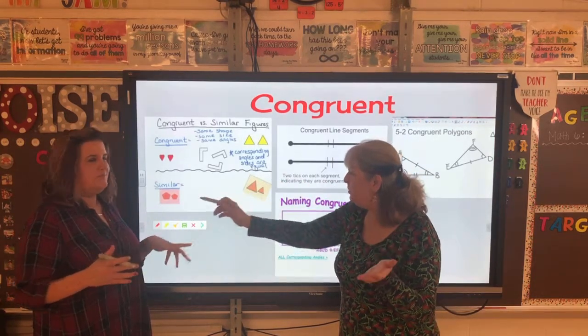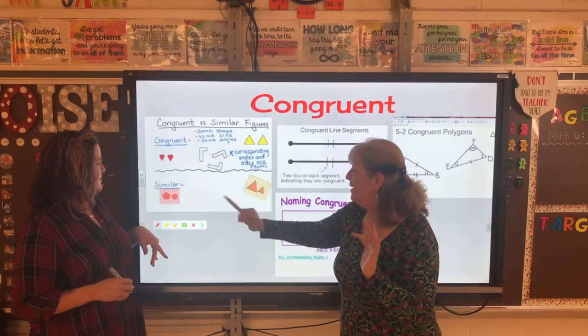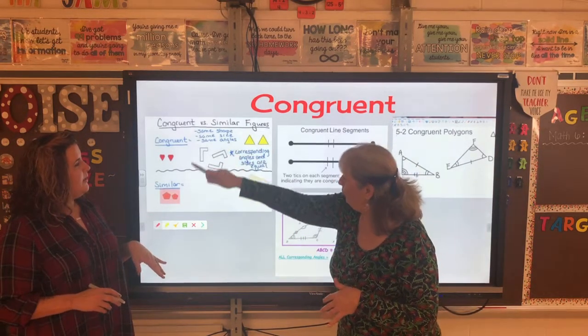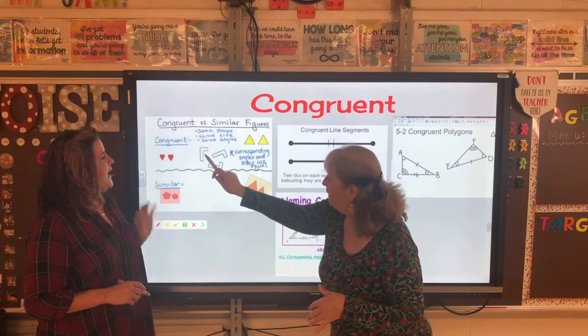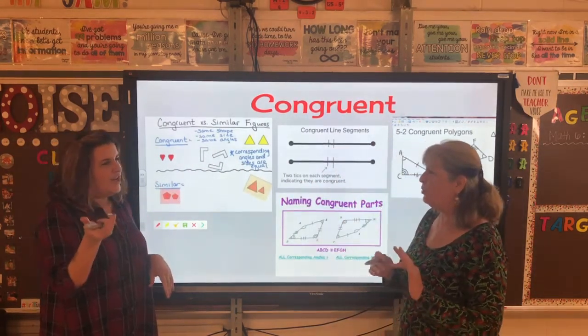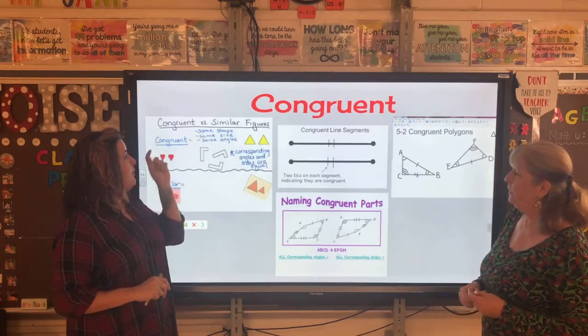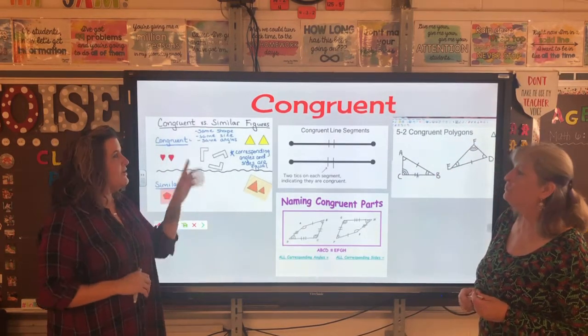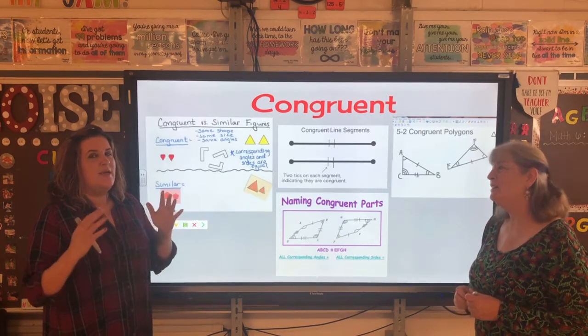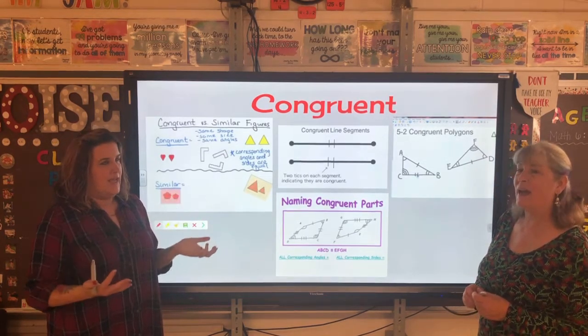Here's two pentagons, but they're two different sizes. Here's two triangles, but they're two different sizes. The congruent ones are absolutely identical, even if they're rotated. So congruent, identical; similar, same shape, maybe the same angle measurements, but different lengths of the sides, right?